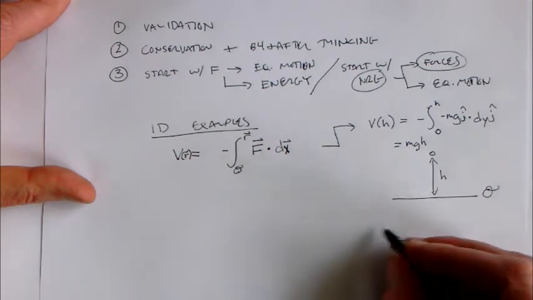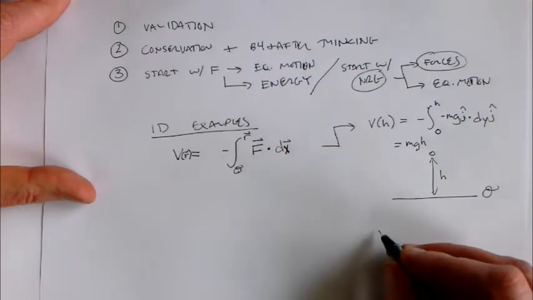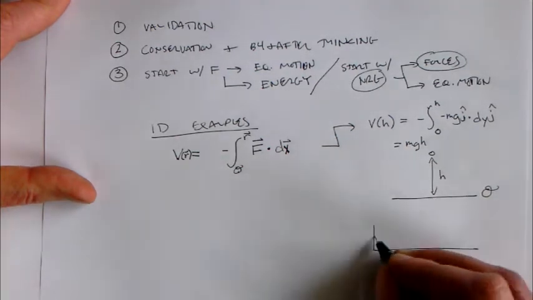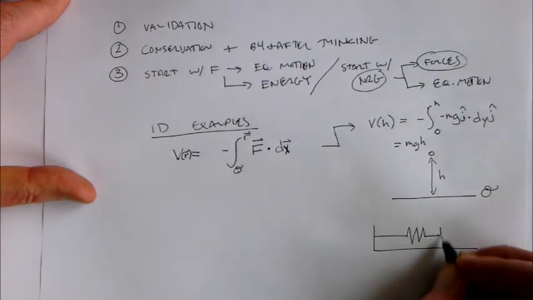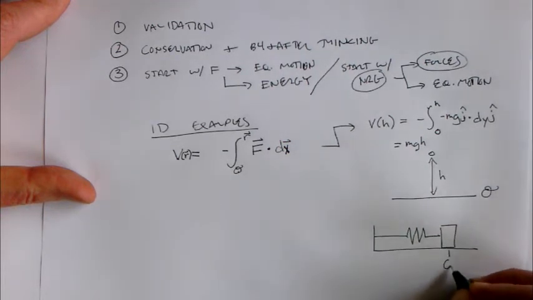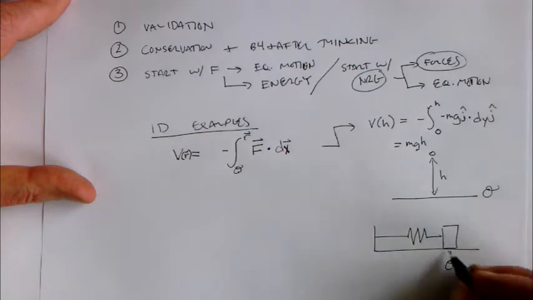By the same token, I can do the same thing with a spring. So I think about a spring. When it's at rest, I'll say that the rest position is the zero energy position, and I'm going to stretch the spring from here to here.